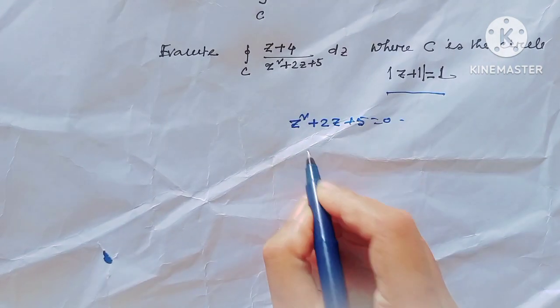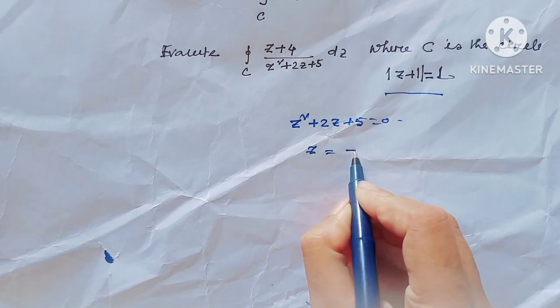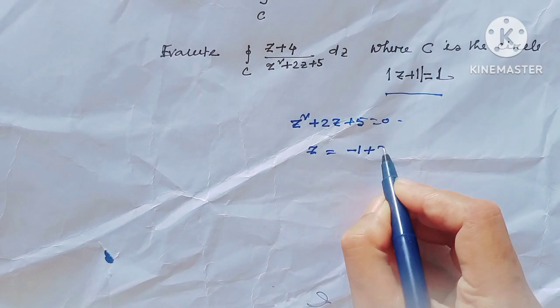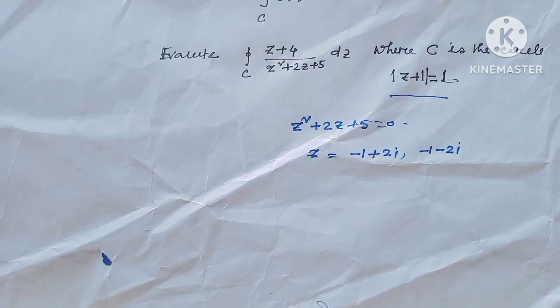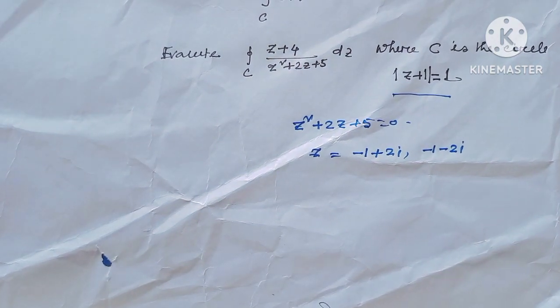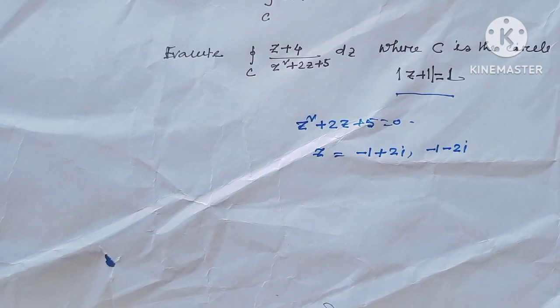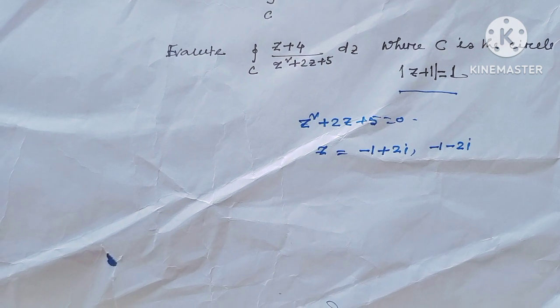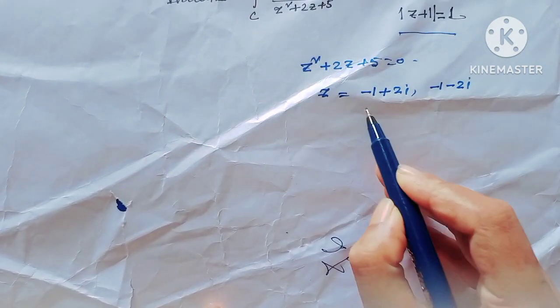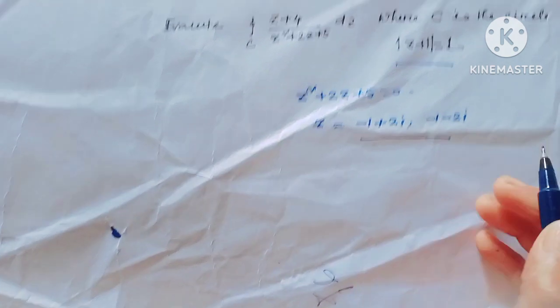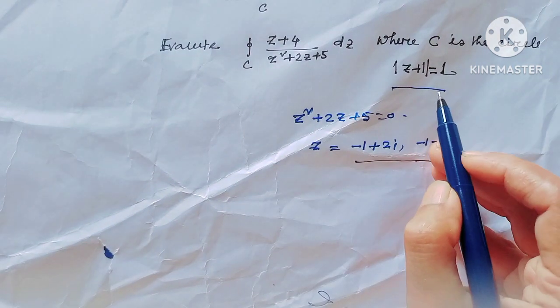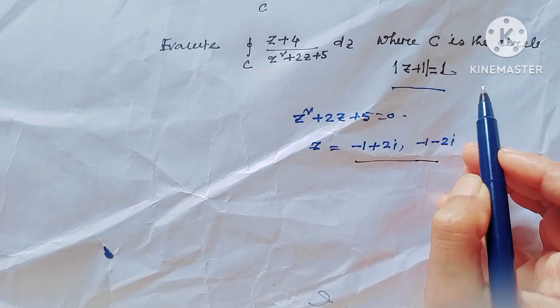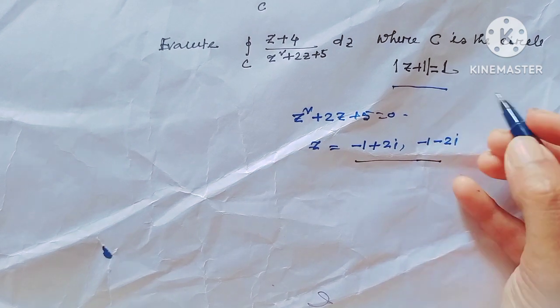That means z equal to minus 1 plus 2i, comma minus 1 minus 2i. At these points, the function is not analytic. But next question, are these points outside or inside of the circle? Here the circle is absolute value of z plus 1 equal to 1. Now put the value of z.